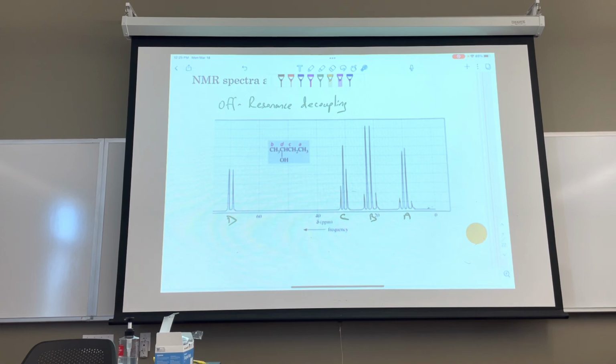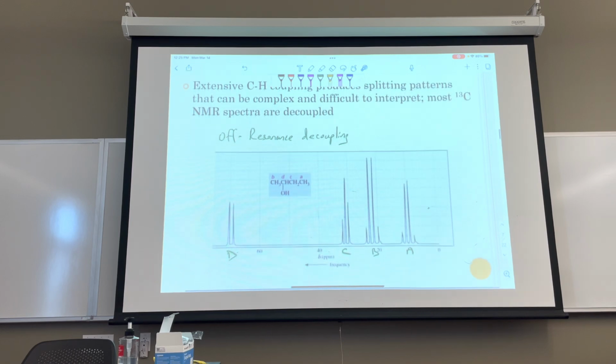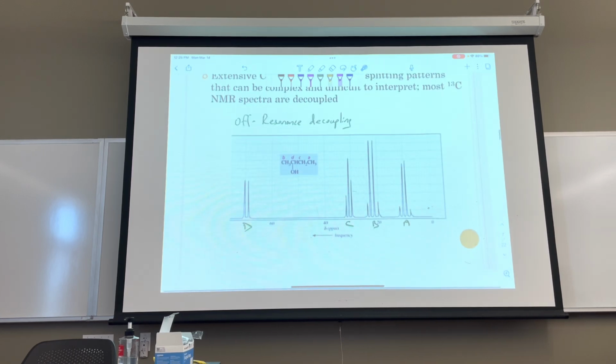Why is B pushed lower than C? That's a good question. If you look at the two carbon groups, letter B compared to letter C, they're both the same distance away from the electronegative oxygen.